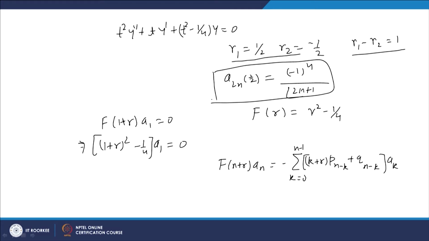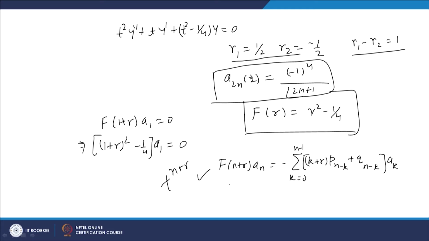Please note that your indicial equation is given as f of r equal to r squared minus 1/4, by which we calculated the roots 1/2 and minus 1/2. And in general theory, the coefficient of t to power n plus r gives f of (n plus r) a_n equal to minus summation k equal to 0 to n minus 1 of [(k plus r) p_{n minus k} plus q_{n minus k}] a_k.